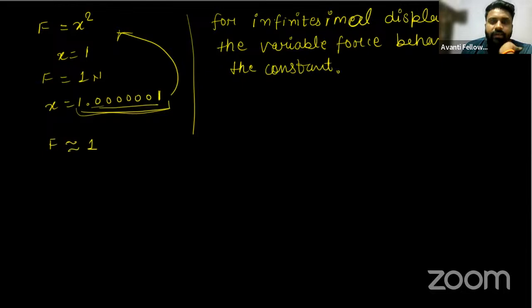You have seen here, for x equals 1, it is 1 Newton. And for x equals 1.000001, it is nearly about 1 Newton, which means the force is not changing its value for very infinitesimal displacements.